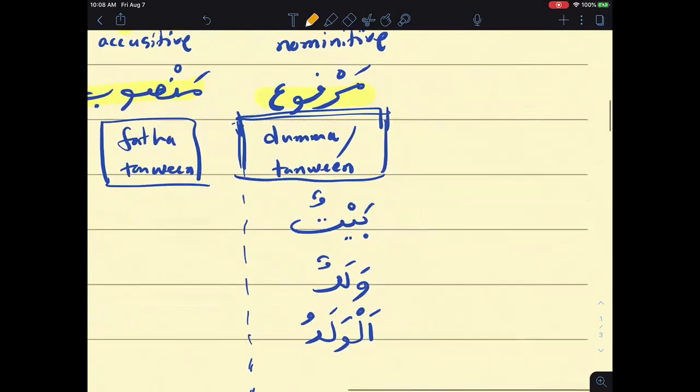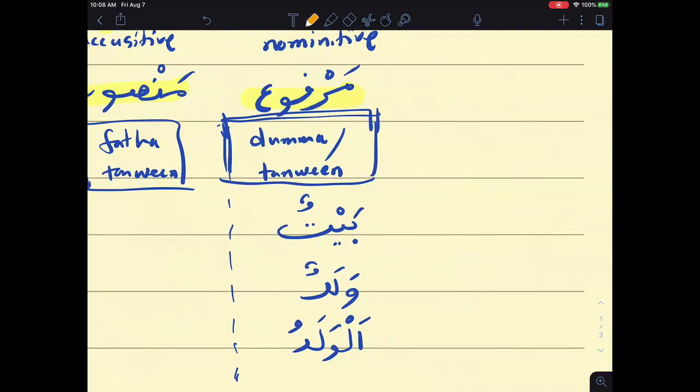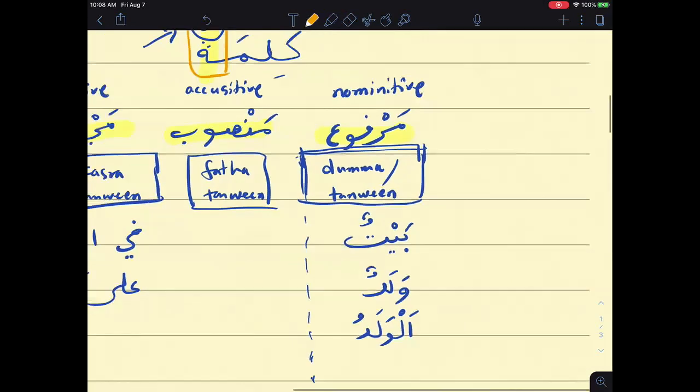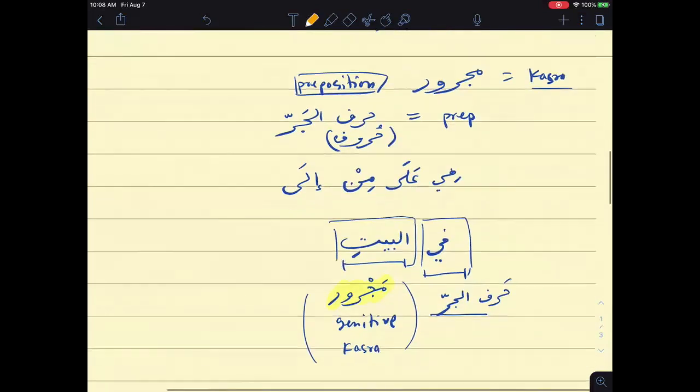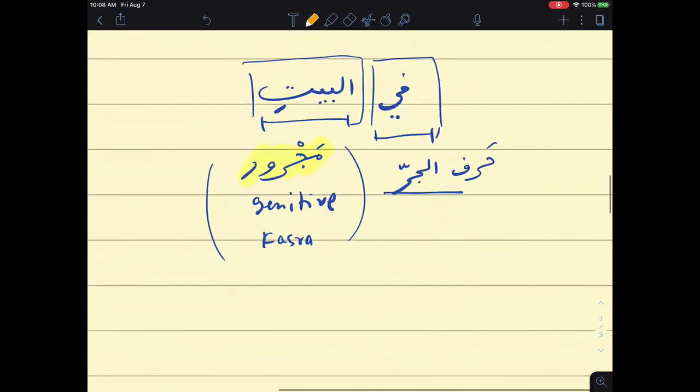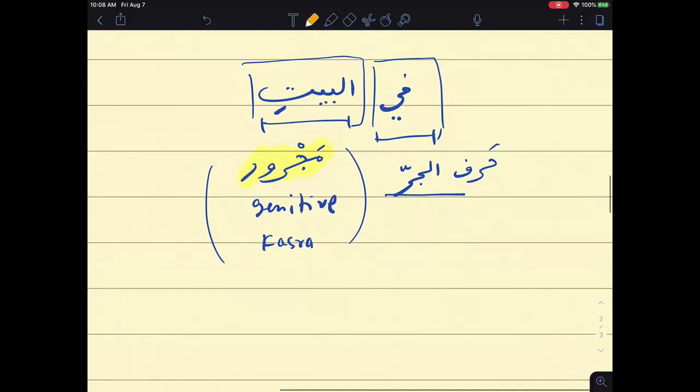In marfu, everything was your subject or predicate, both in the marfu state, which means the nominative state. Inshallah, it will come slowly, but right now, if you think about the state, you will know why we say majrur: after a preposition, the word will be in the genitive case, which is majrur in Arabic.